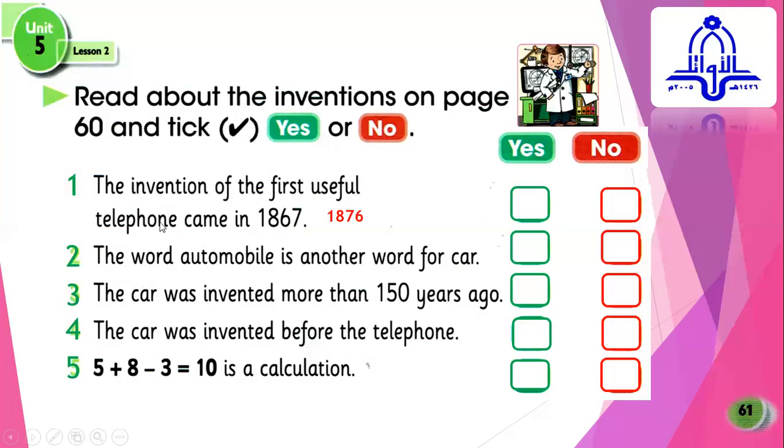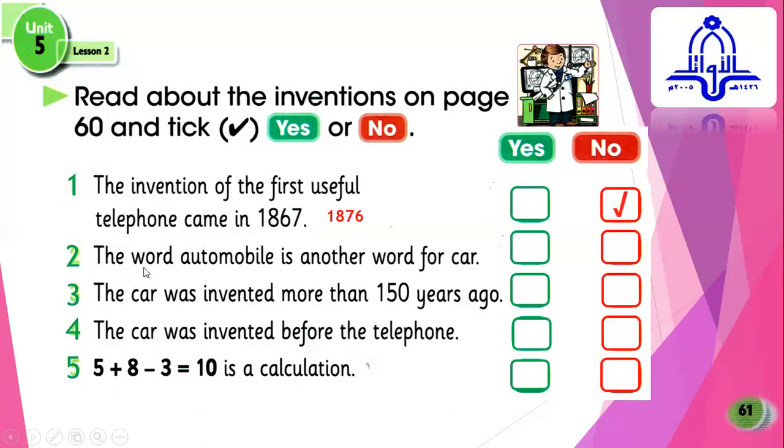This statement is incorrect because the invention of the first usable telephone came in 1876, not 1867. He only changed the year, so the statement became wrong. So we click on no.